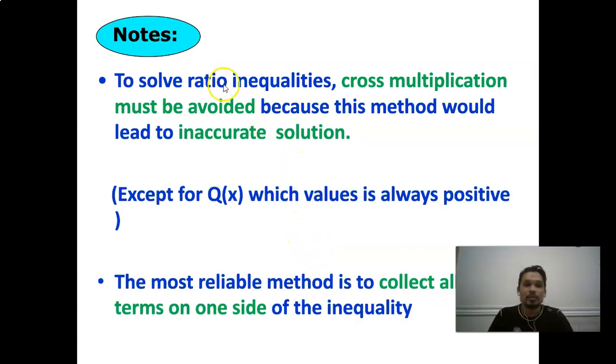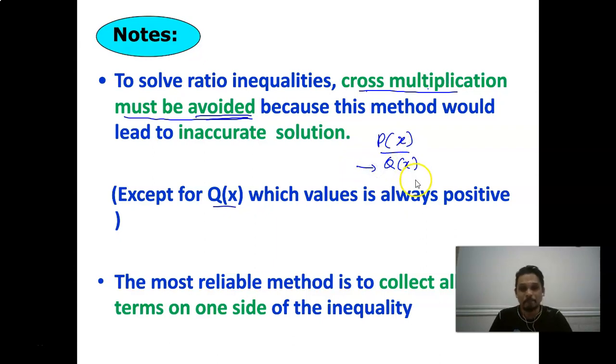To solve rational inequalities, cross multiplication, please take note of this one here, must be avoided, because this method would lead to inaccurate solutions, except for q(x), the denominator, whose values are always positive.